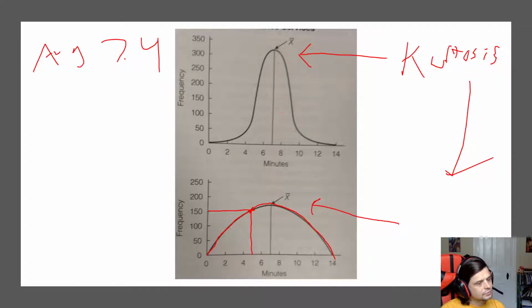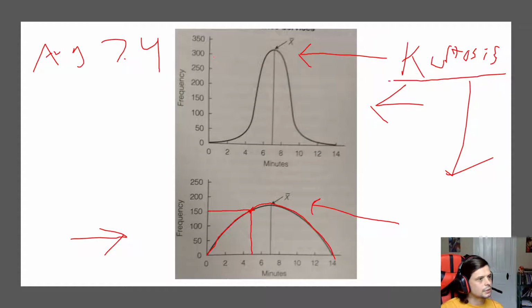Now, which one has the most dispersion, or which one has the most variability? The answer is this one has the most variability, and this one is the most consistent. So you can see here the highest kurtosis generally means higher consistency.